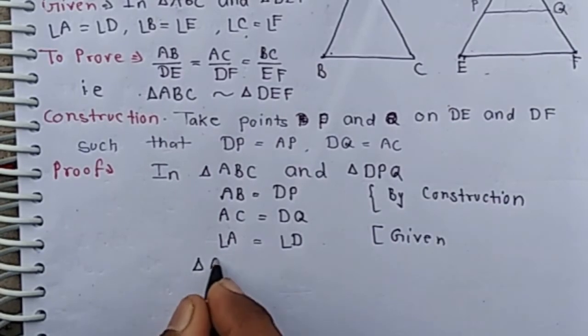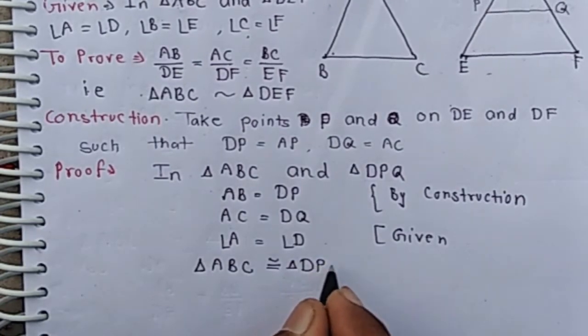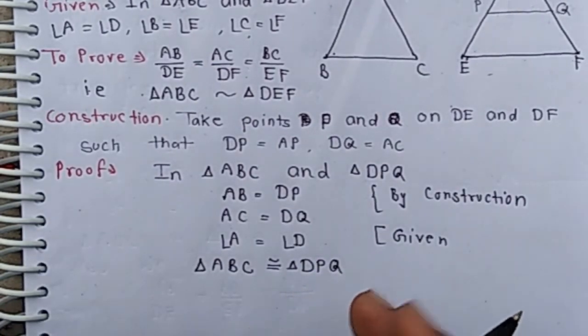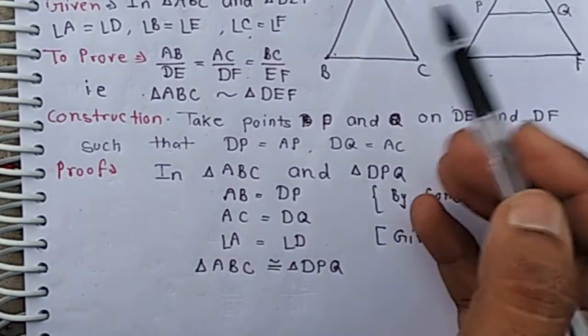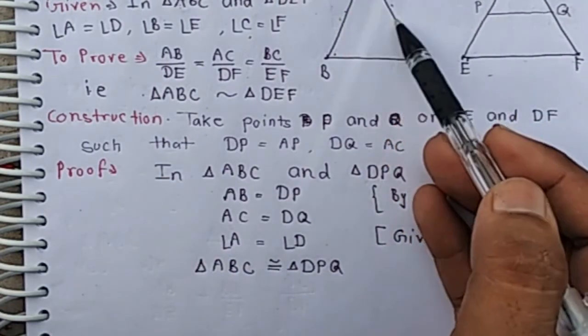Then triangle ABC is congruent to triangle DPQ by SAS, that is, side angle side congruency.